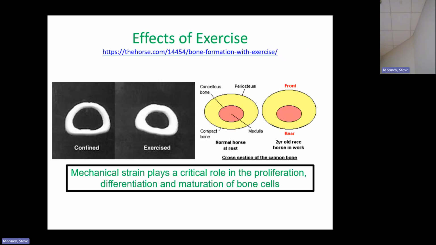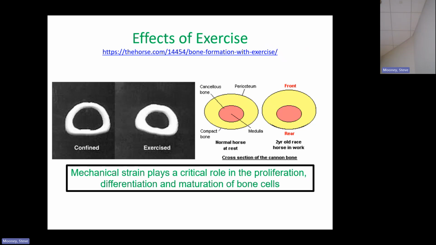So if we're looking at the effects of exercise on an animal, we've got a confined animal here and an exercised animal here. We don't need that bone to stand up in a stall and do nothing. But if we're moving around, we've got percussive exercise, we need a thicker outside compact bone.